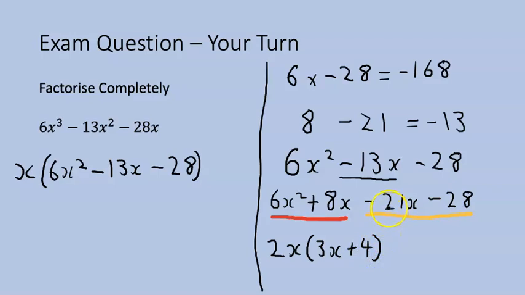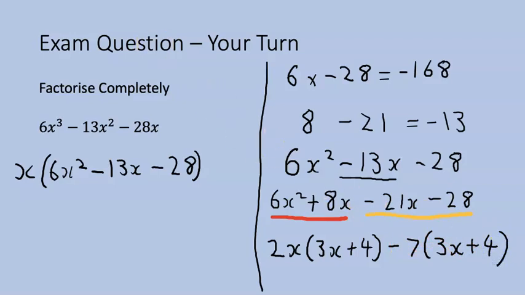Now, the highest common factor of minus 21x and minus 28 is minus 7. Open my bracket. Minus 21x divided by minus 7 is 3x. Minus 28 divided by minus 7 is plus 4.